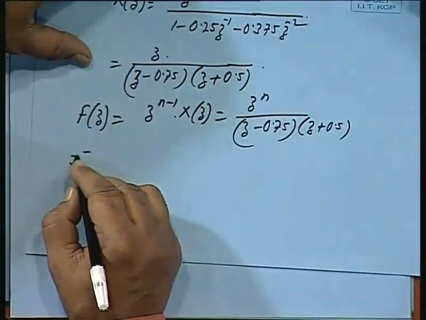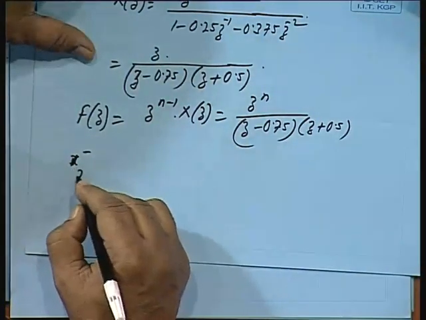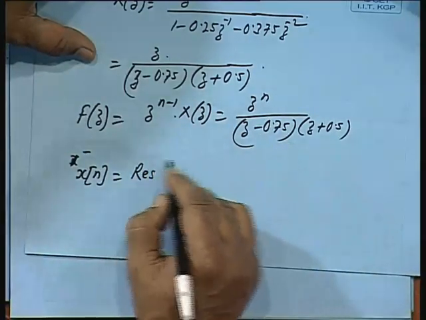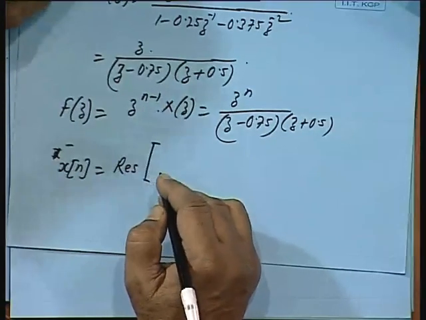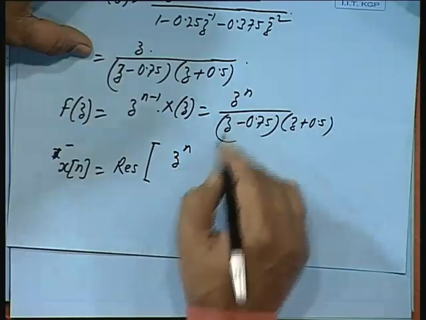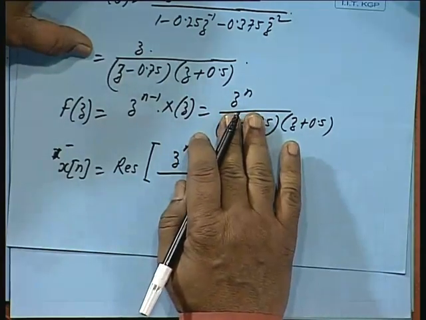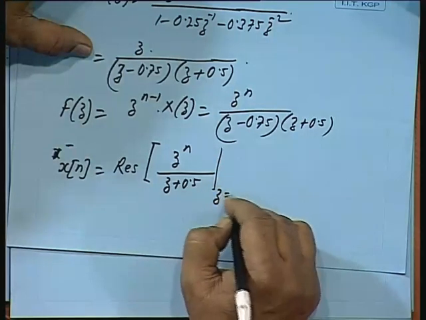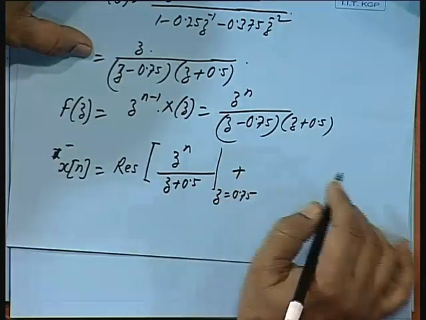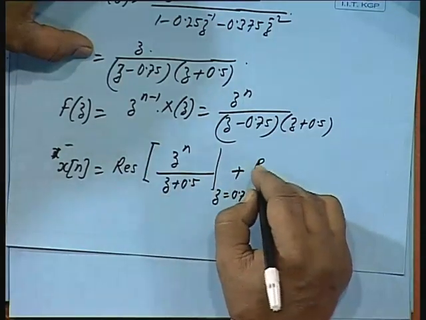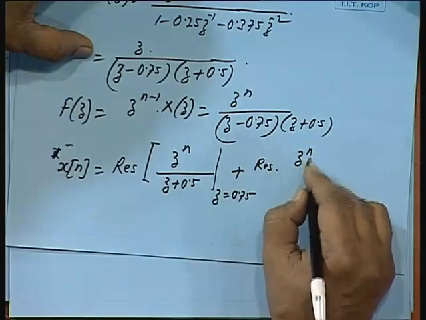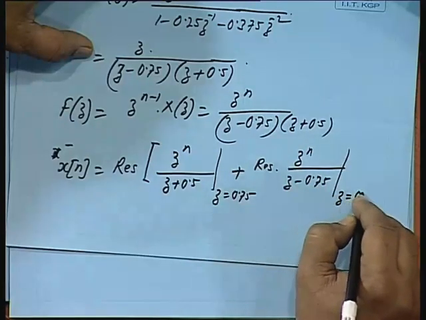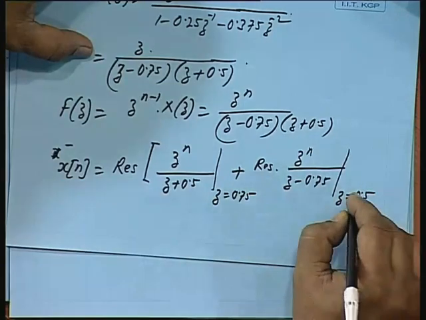Let me write the residues first. x n will be the residue of the first pole, that is z to the power n by z plus 0.5, evaluated at z is equal to 0.75, plus the residue of the second one, z to the power n by z minus 0.75, evaluated at z is equal to minus 0.5.